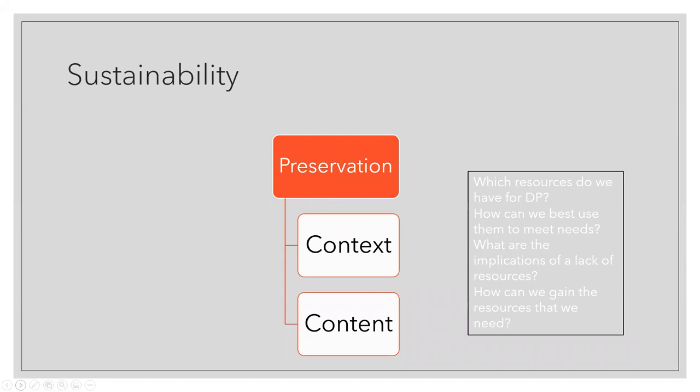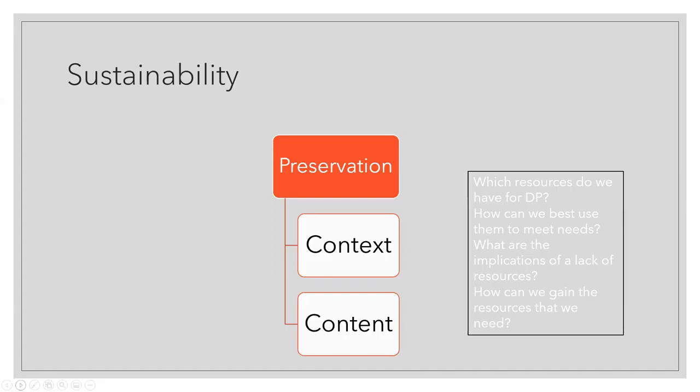Okay, so some sustainability questions that your archives might ask. Which resources do we have for DP? What resources? I can never remember if I'm supposed to use which or what, but that's okay. How can we best use the resources that we do have to meet needs, whether it's the needs of our researchers or the needs of the archive as a whole?